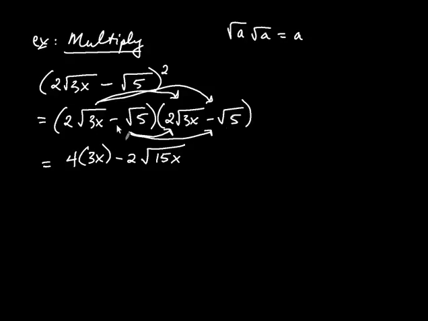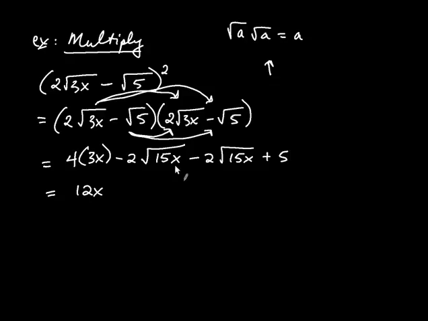And now we move on to the negative square root of 5. So negative root 5 times 2 root 3x is going to be negative 2 square root of 15x. And now negative root 5 times negative root 5 is positive, and root 5 times root 5 is just 5, using this property once again. Now we get 12x, and these two radicals are like radicals.